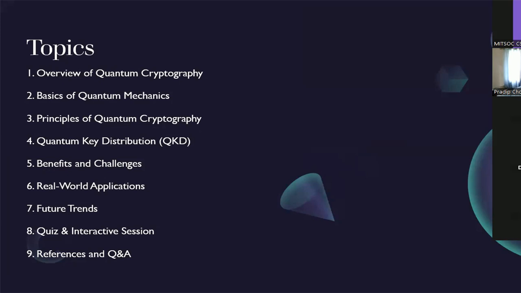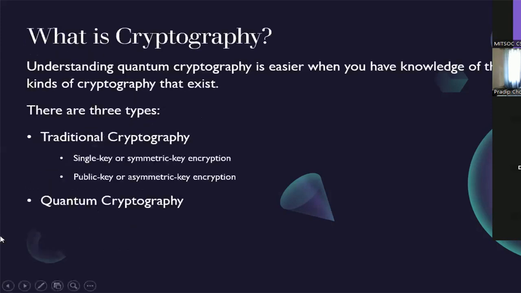Then we will see some quantum key distribution algorithms, with one particular example. Then the benefits and challenges, some applications, future trends, and some question answering and thanking session and some references. So we'll start with the basic thing: what exactly is cryptography?